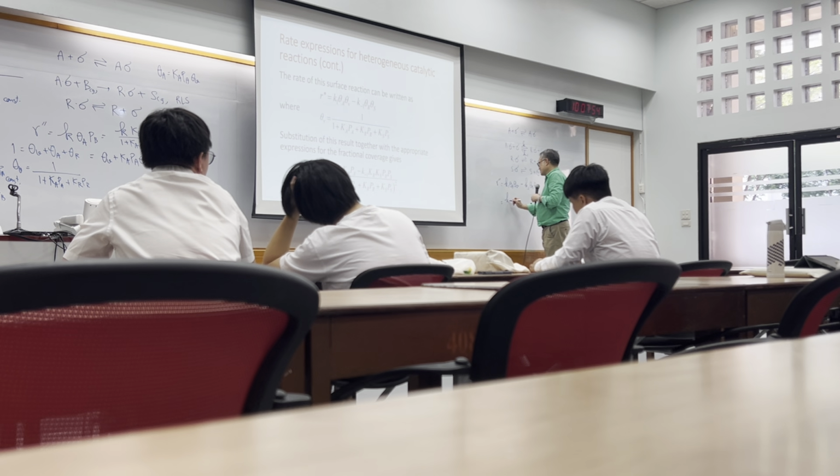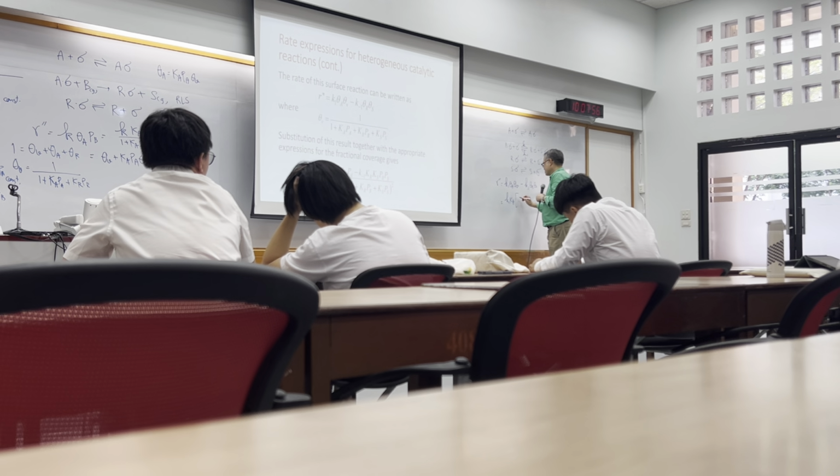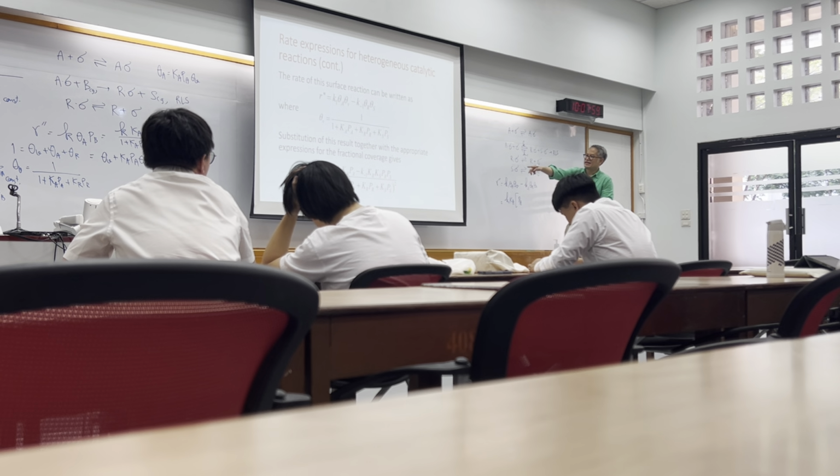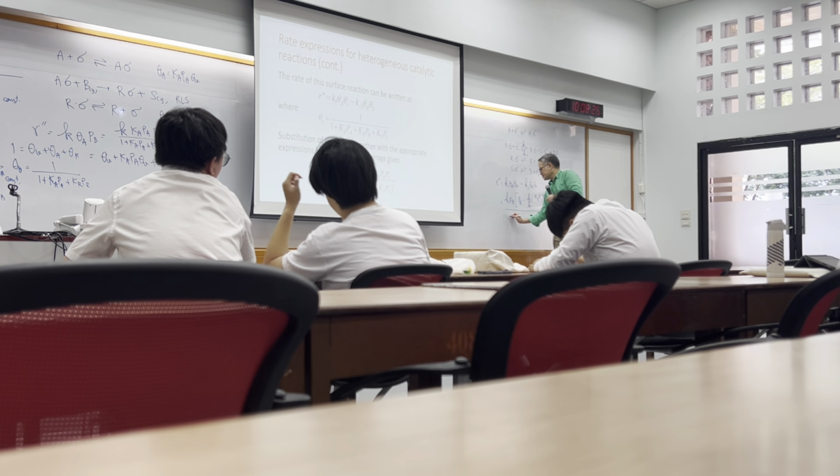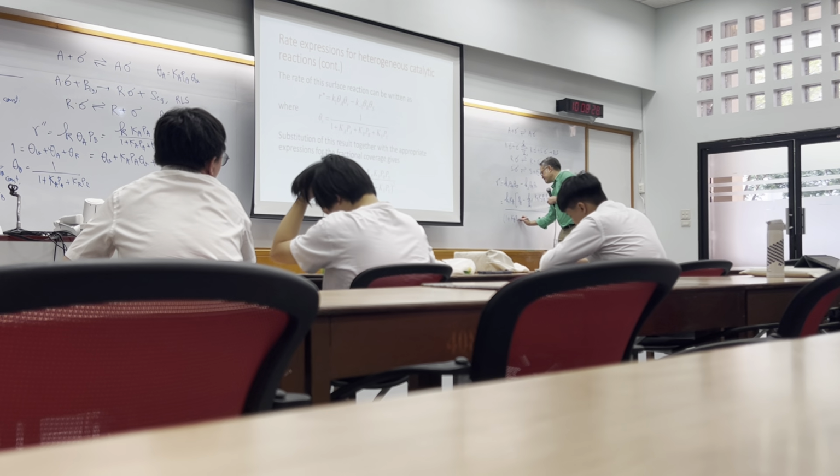You pull k1 K_A out, you're left with P_A. And then the second term has k minus 1 divided by k1, and then K_R, K_S, P_R, P_S. And this denominator is still the same.